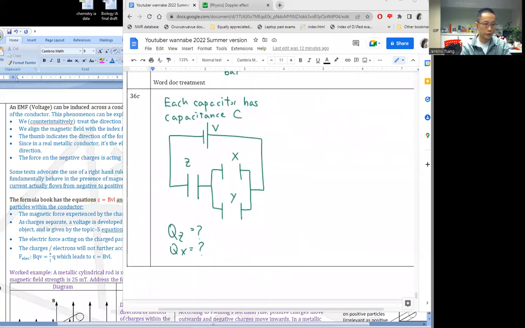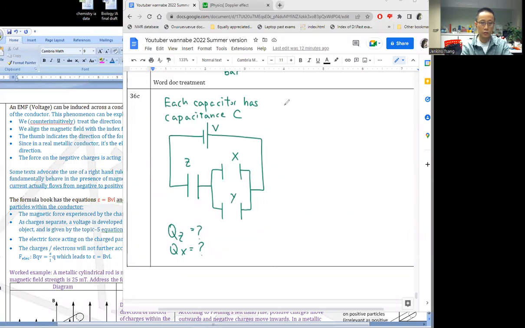Question 36 is a capacitor circuit, and they ask you how much charge will be stored in capacitor Z as well as capacitor X. So for this question, what you can do is to first figure out the individual capacitances.